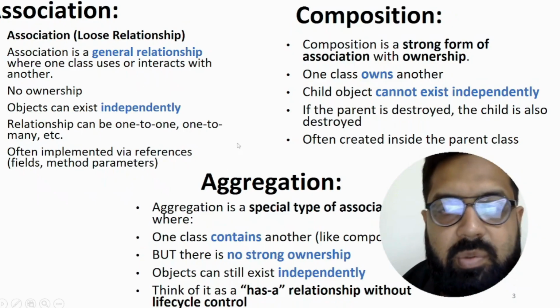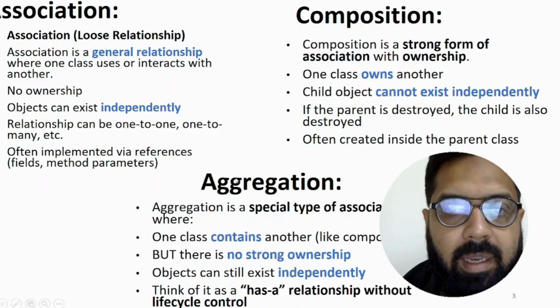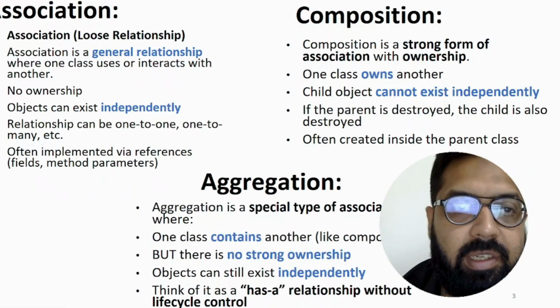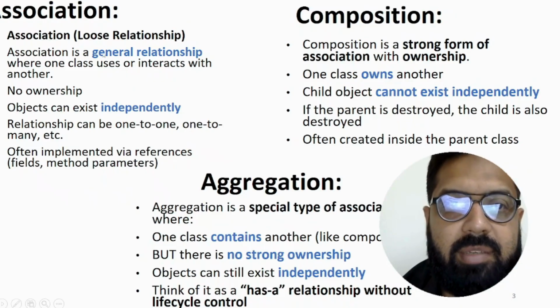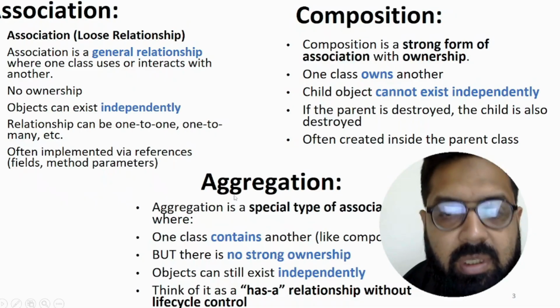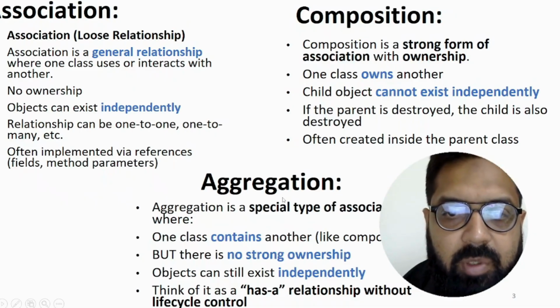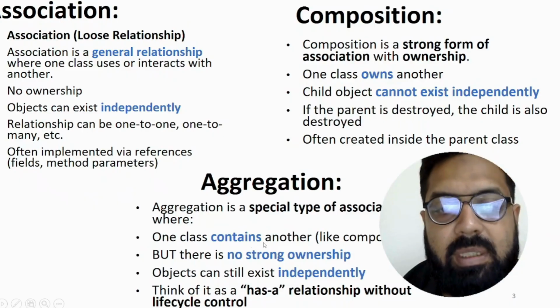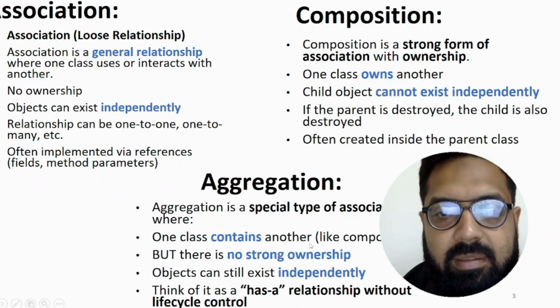The second type of association is aggregation, and aggregation is a special type of association, and association is a general relation that is further categorized into aggregation and composition. So aggregation is a special type of association in which one class contains another class.